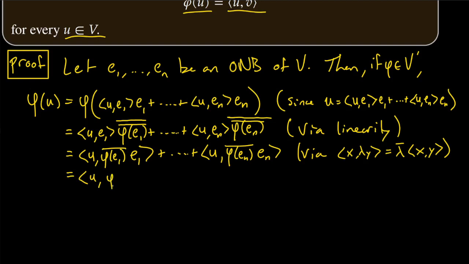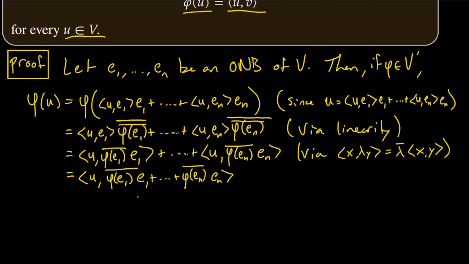I'll get the inner product of u with phi of e1 bar e1 plus dot dot dot all the way down through phi of en bar en. That is, all I'm doing is I'm applying my linear functional to the elements of this orthonormal basis, and then I'm conjugating it.